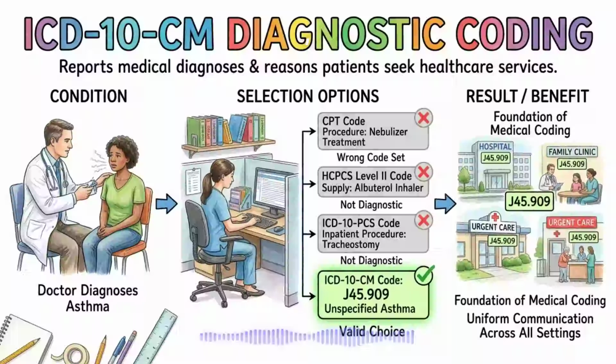Let us start with the ICD-10-CM, which stands for the International Classification of Diseases, 10th revision, Clinical Modification. This specific code set is used to report medical diagnoses and the reasons why patients are seeking healthcare services.